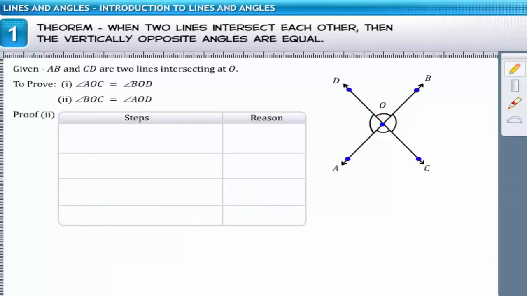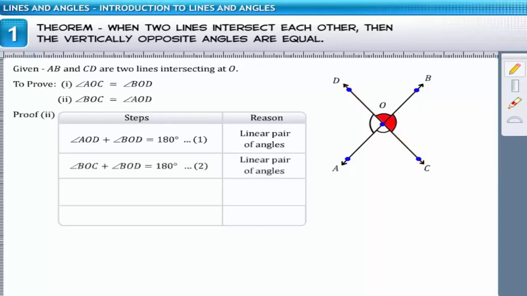Next, we need to prove that angle BOC is equal to angle AOD. Again, since AB is a line, the sum of angles AOD and BOD is equal to 180 degrees. Similarly, CD is a line. Therefore, the sum of angles BOC and BOD is equal to 180 degrees.